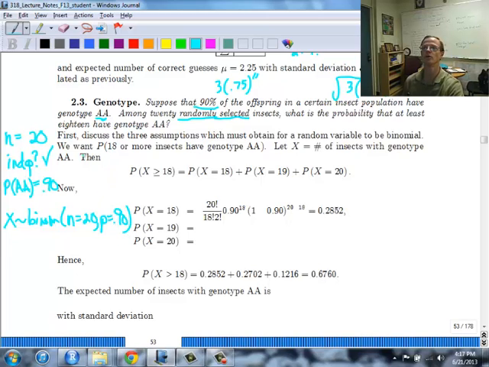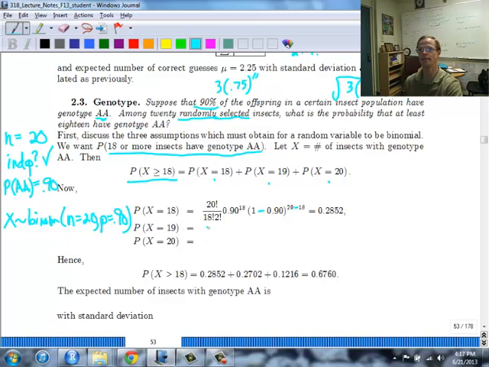So, question. What's the probability that we have 18 or more insects with genotype AA? This is the statement, X greater than or equal to 18. That gives us 18, 19, and 20. So we have 3 individual cases. 18 is written out for us.